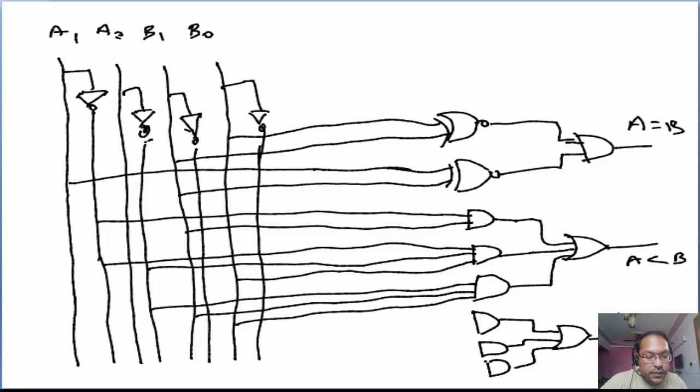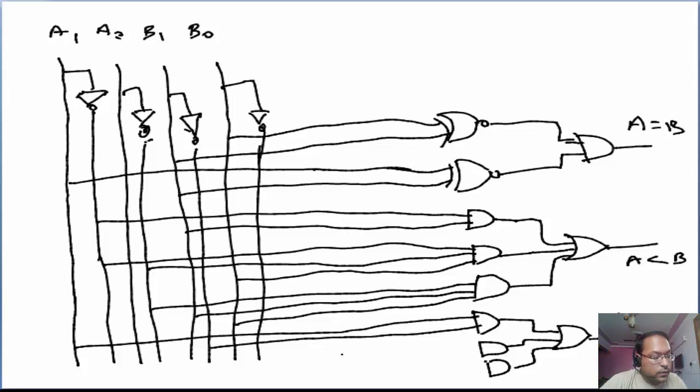This output is going to represent the A greater than B, and the inputs to the AND gates are A1 B1 bar. Here is A1, here it is B1 bar.